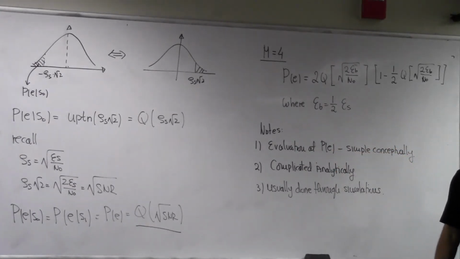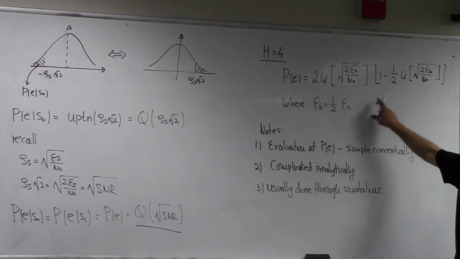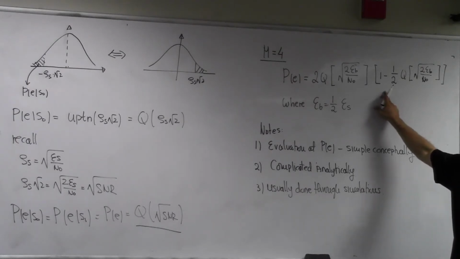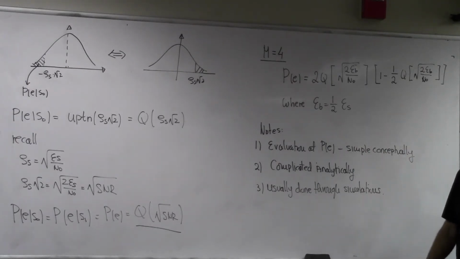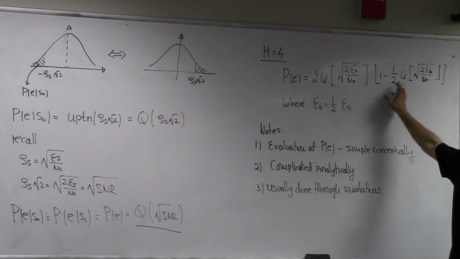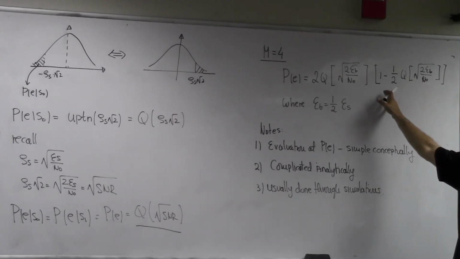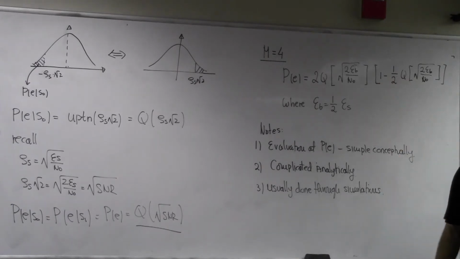Is it the same? For m equal 4, it's similar, but it's not the same. You multiply it inside, there's q squared. Right, there's other stuff happening here.